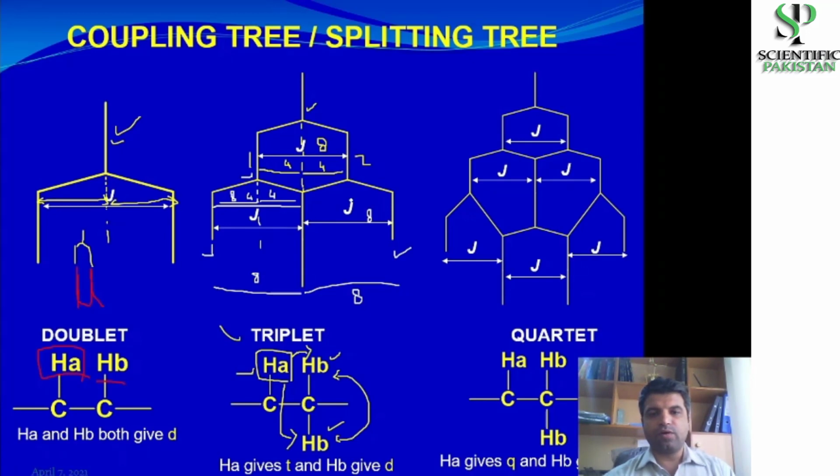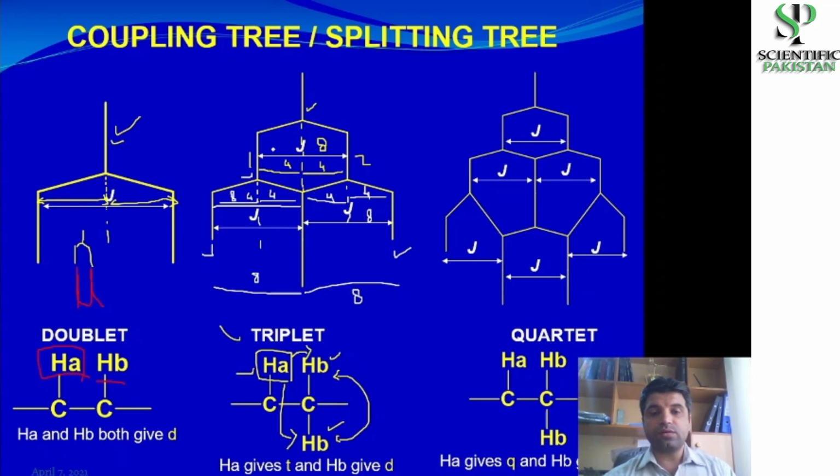Now, for a splitting of 8 Hertz, this line has to move to one side by 4 Hertz. So this distance is 4 Hertz, and this distance is also 4 Hertz. So the total splitting is equal to 8 Hertz.